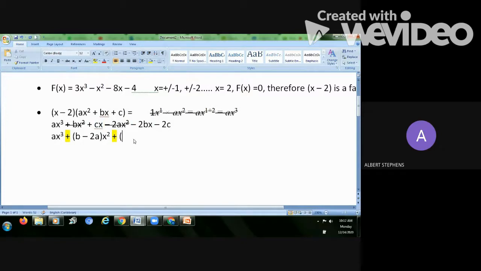So that's c subtract 2b, and then I factorize out x. And then we're gonna have the last part, which is -2c. Everybody see that?